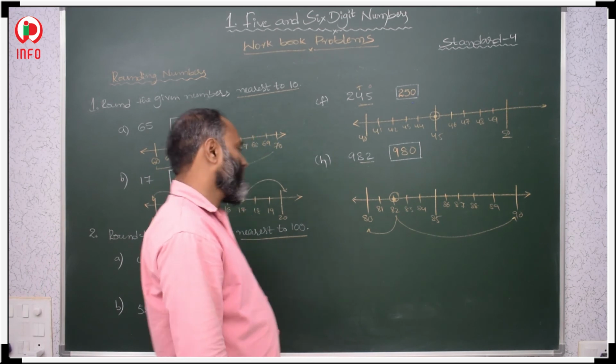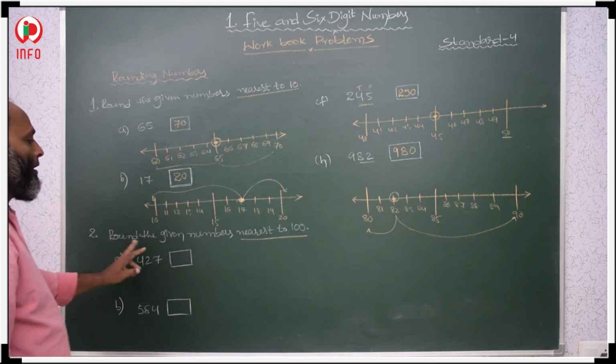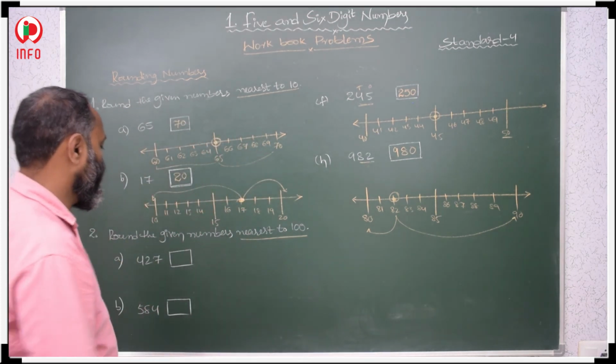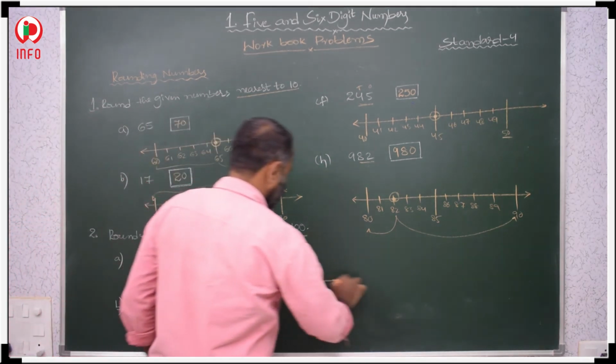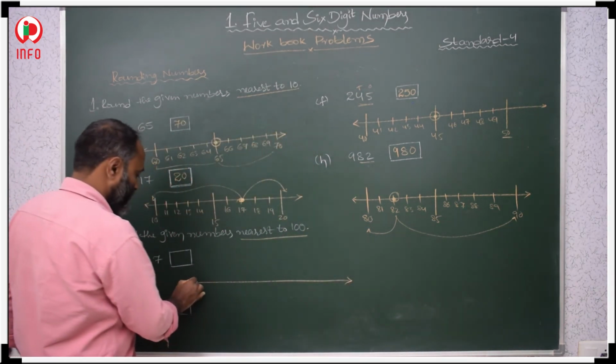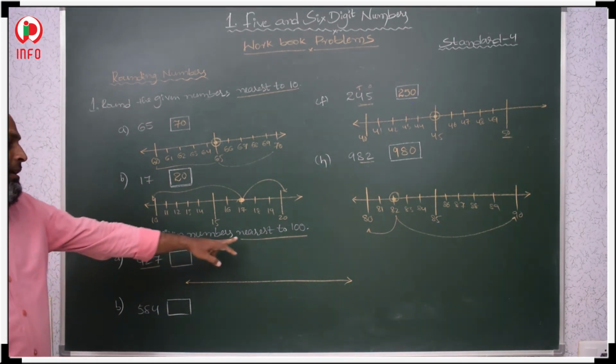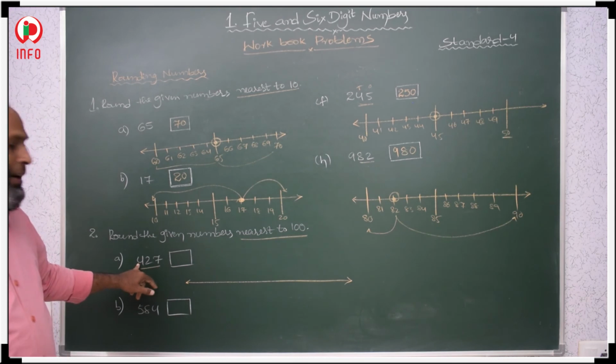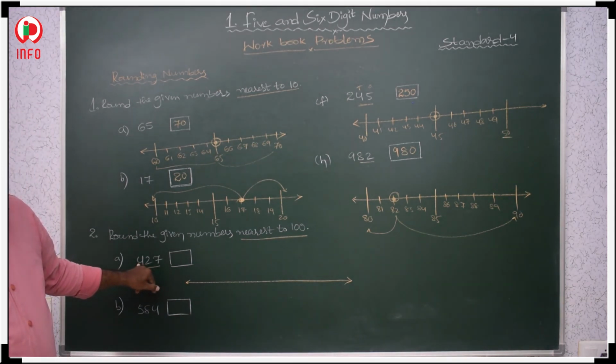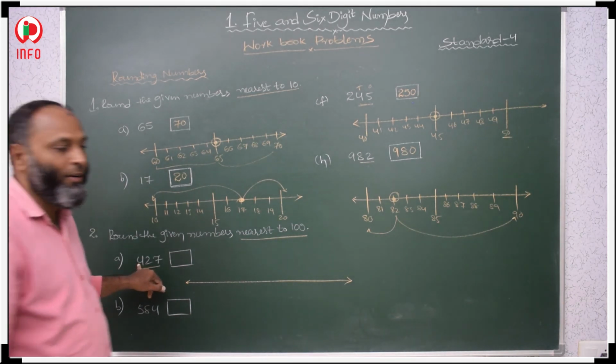Okay. Now here, round off the given number to the nearest 100. Nearest to 100 is this question. Here we have to take till the hundreds place. Why? Because it is nearest to 100. 400 is in between 400 and 500.